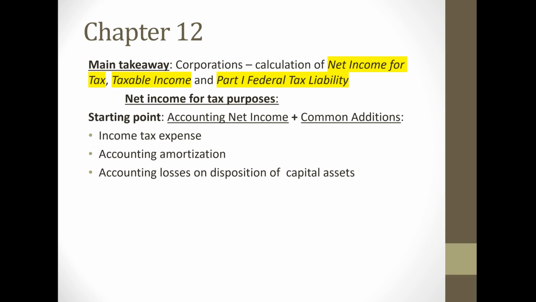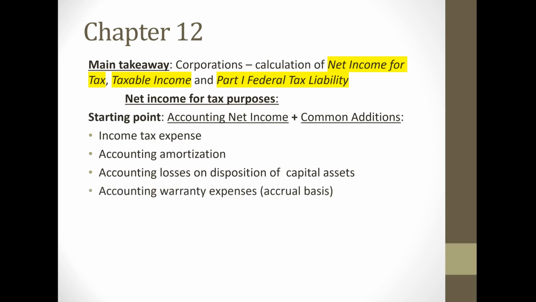However, what we'll see later on is that we can deduct allowable capital losses. Remember those special rules for capital gains and capital losses? Only 50% amounts are included. And once again, we can only take the excess of our taxable capital gains over our allowable capital losses. So any accounting losses on the disposition of capital assets have to be added back.